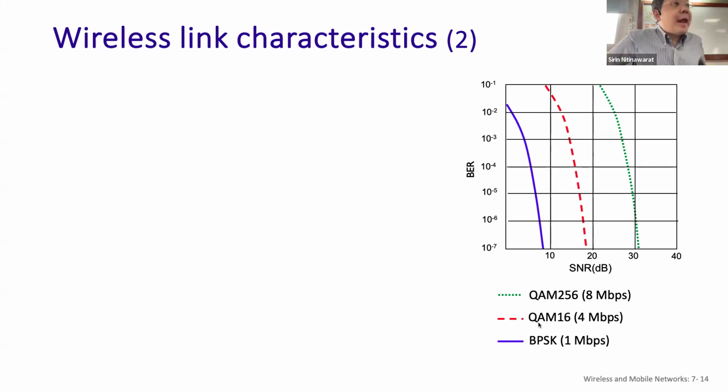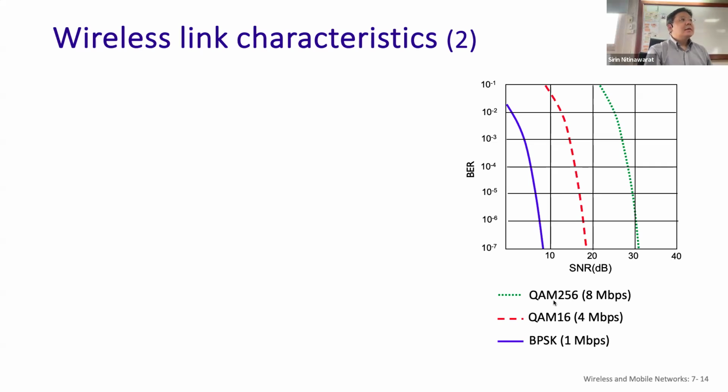Whereas for QAM 16, as the name suggests, there are 16 possibilities for one communication symbol, encoding 4 bits, because 2 to the 4 is 16. So when you communicate with one symbol, you communicate 4 bits simultaneously. Similarly for 256, one symbol contains 8 bits.